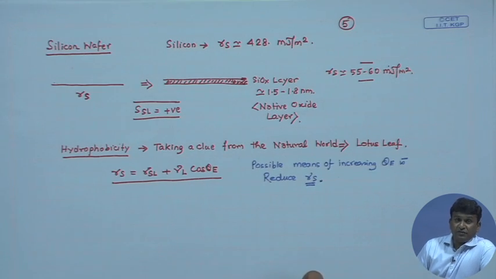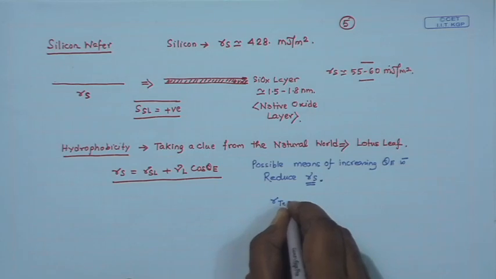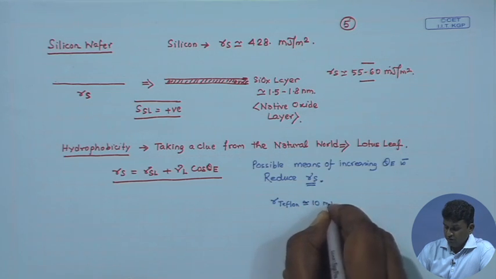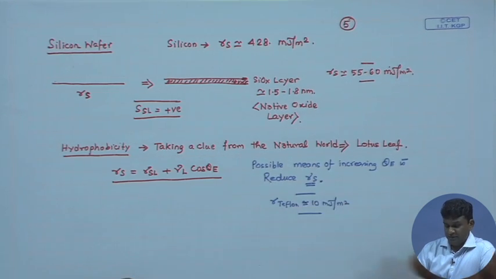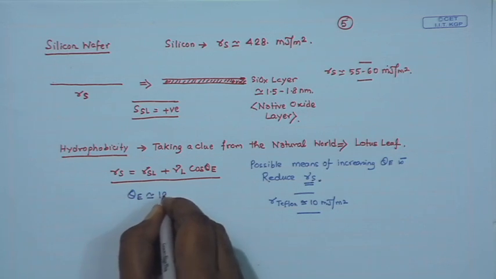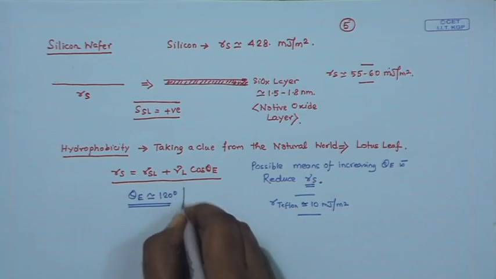However, please be informed that Teflon, chlorofluorocarbon, is sort of the lowest surface energy available till date, and its surface energy is of the order of 10 millijoule per meter square. It turns out that if you plug in a value of 10, you cannot really go to values of theta e more than, let us say, somewhat in the order of 120 degree, not more than that.